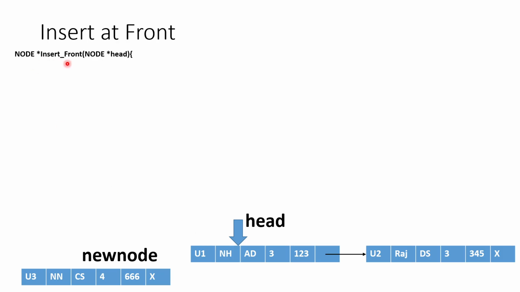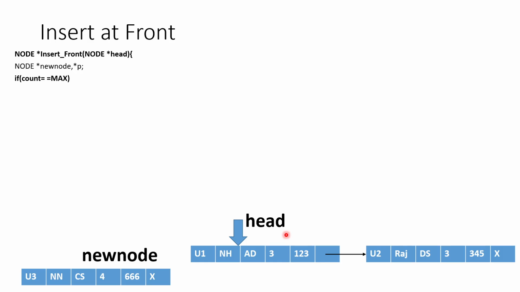The function name is insert front, and the starting address of the head is required. This head can be null, meaning nothing is there. In this case, it is pointing to the first node. We need one variable to hold the new node. It can be done only if the number of nodes in the linked list is not more than or equal to max.